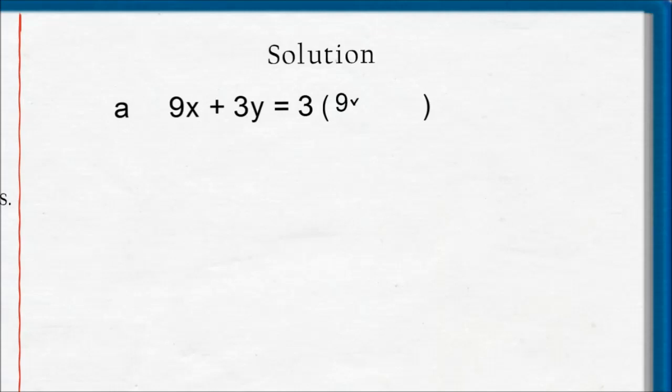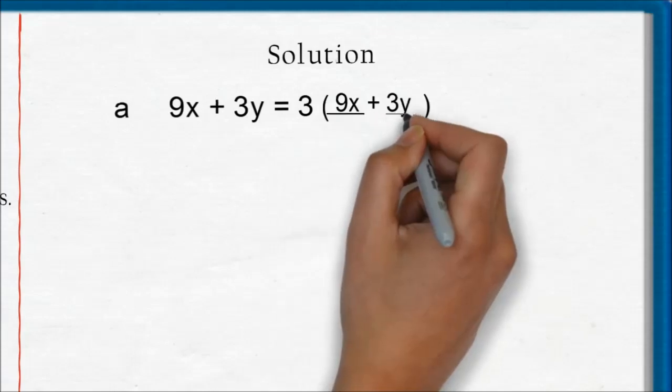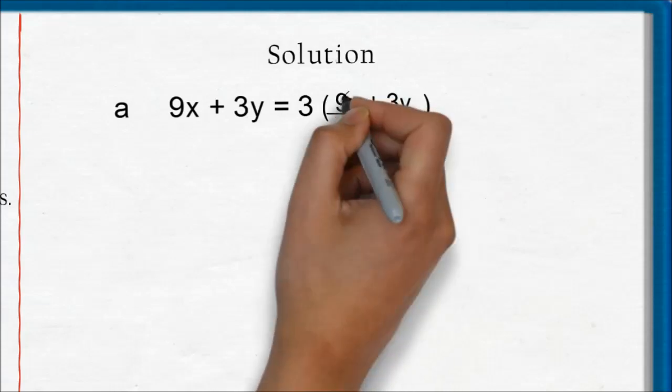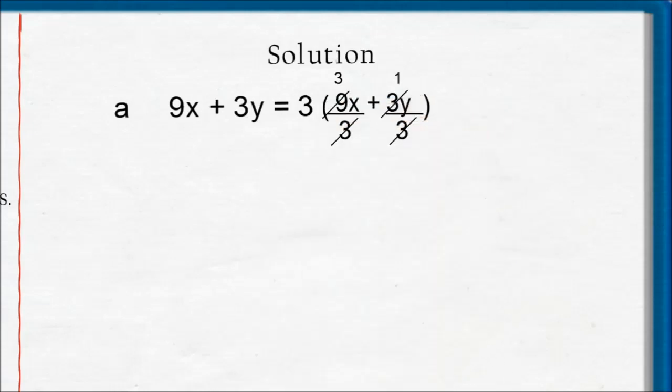So we simply divide the binomial by the common factor 3. So we're going to have 9x divided by 3 and 3y divided by 3. 3 divides into 9 and we have 3. 3 divides into 3, 1, and we're left with y. So our result from that expression would be 3 open bracket 3x plus y.